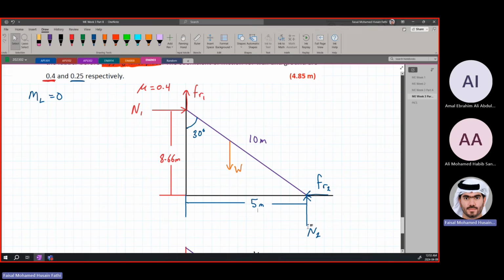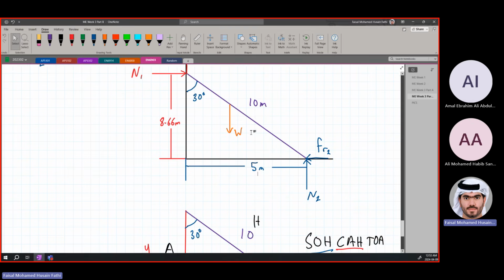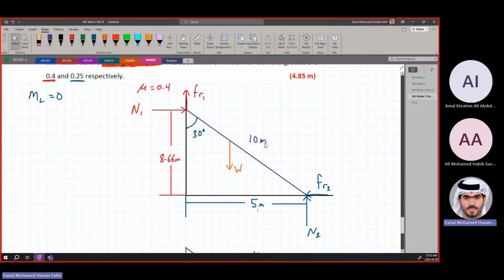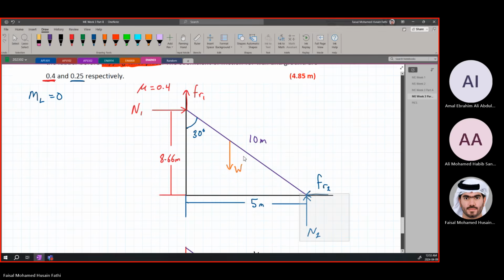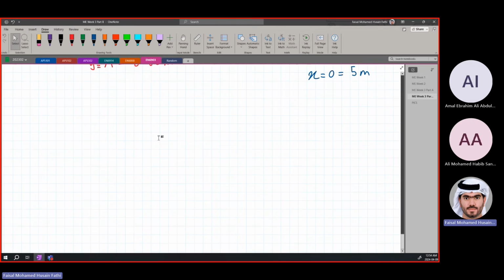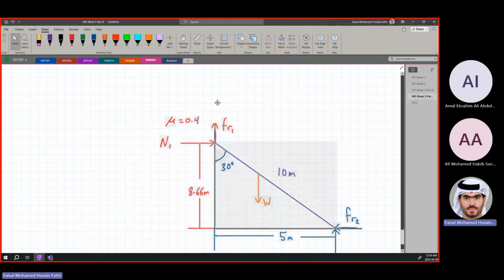So this is the first step. We found out our dimensions because we know later on we're going to need them for the moments. We might as well get them out of the way since we are given the length and the angles. All right, using this method. Let me copy paste this down again one more time. The ladder has 0 mass. We already know that.